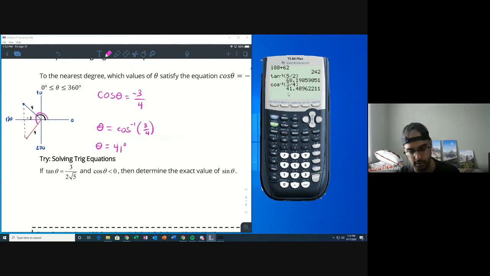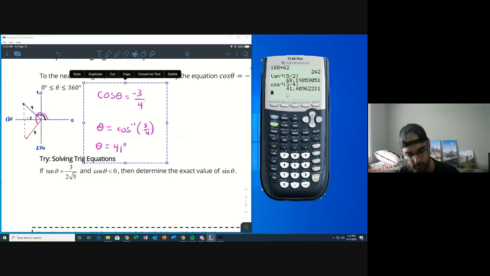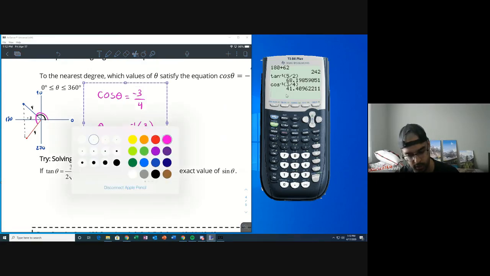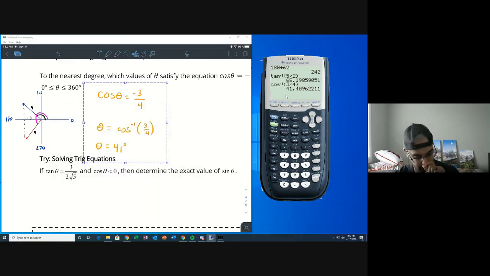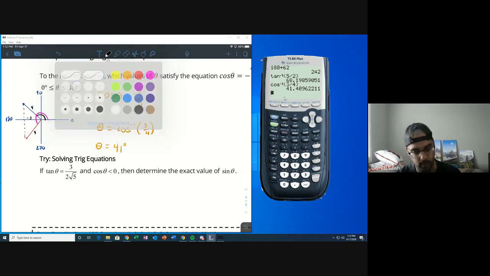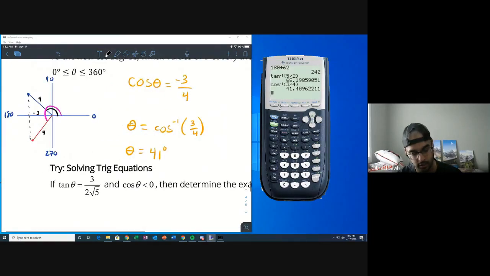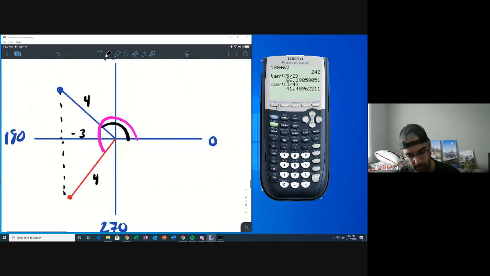So we're just going to round it to the nearest whole number. And let's change the color into something that we haven't used yet. Let's make it orange. So 41 is going to be our reference angle. And you can see it by taking these.